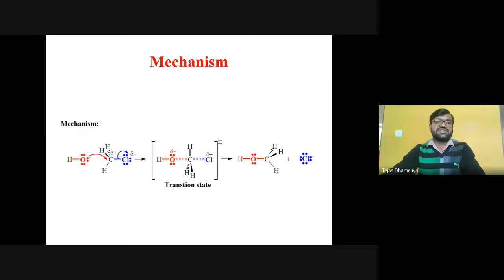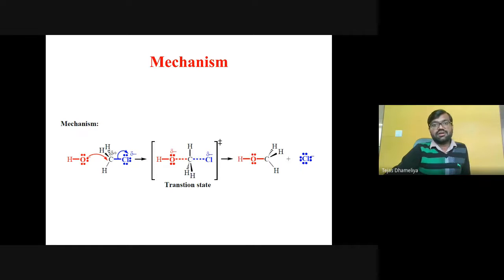And because of this only, this is a slowest step. There are 2 steps. एक तो है कि attack of hydroxide ion and दूसरा है departure of Cl minus. So this is easy. This is a slower step. But it is the rate determining step. And in the rate determining step, both the species are involved.